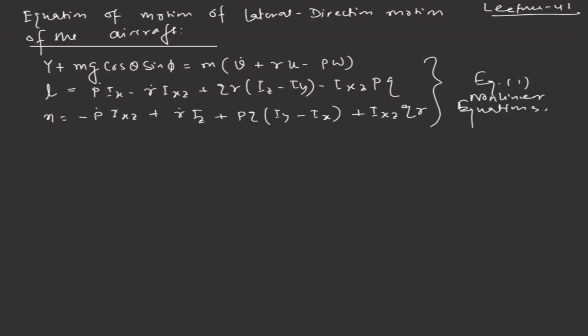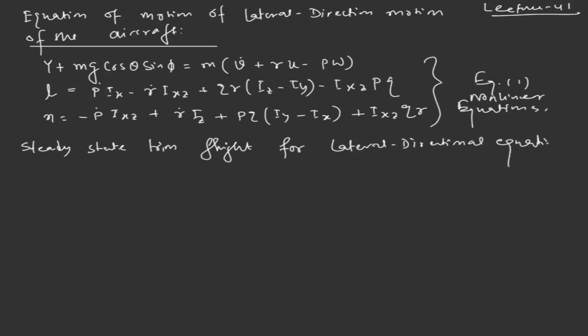So we can write the steady state trim flight for lateral directional equation. We already have discussed the trim values for the lateral directional motion: the values of P0, Q0, R0 equal to 0 and phi 0 equal to 0.